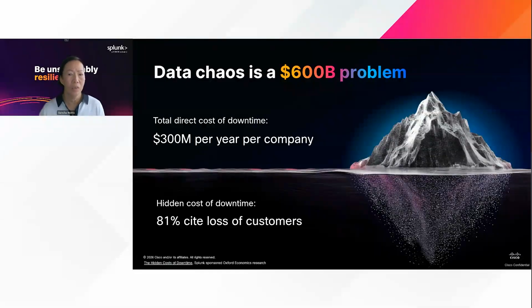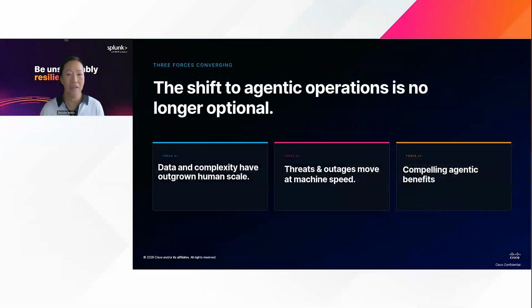And now, we've all heard about agentic AI, right? And why is this so important? I think first, when we go back to the volume and complexity of machine data, it has really outgrown human ability to investigate and make sense of all of that data.